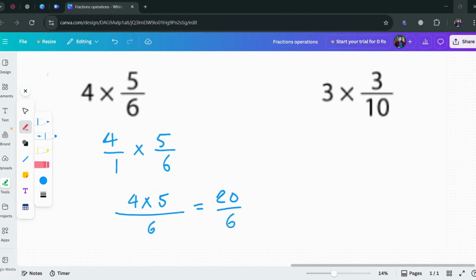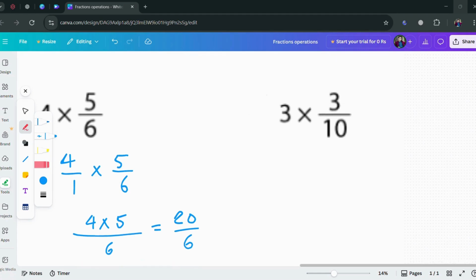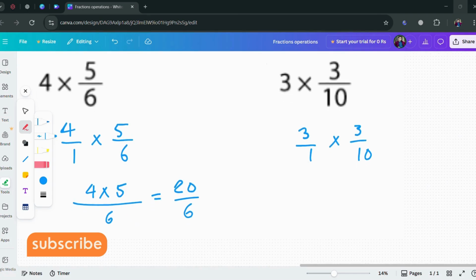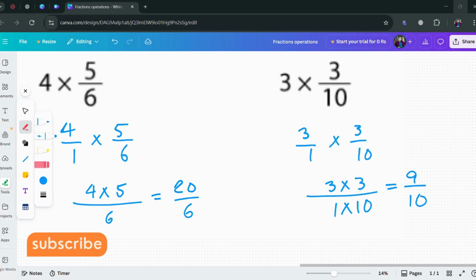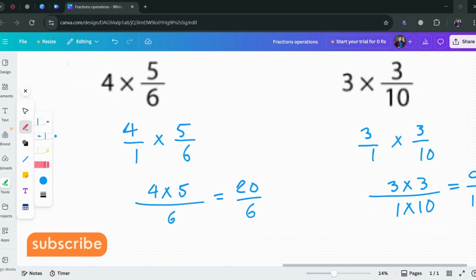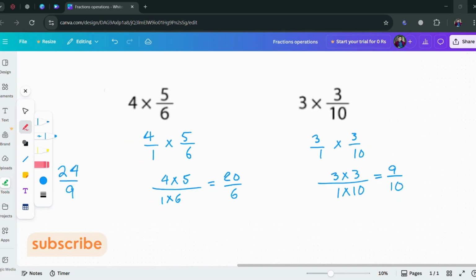Now the last question, for this one I will perform the same exact operation. 3 over 1 multiplied by 3 over 10. It's going to give me 1 multiplied by 10 and 3 multiplied by 3, which gives 9 over 10, right? In the previous one, I didn't write 1 over here, so 1 multiplied by 6, okay?